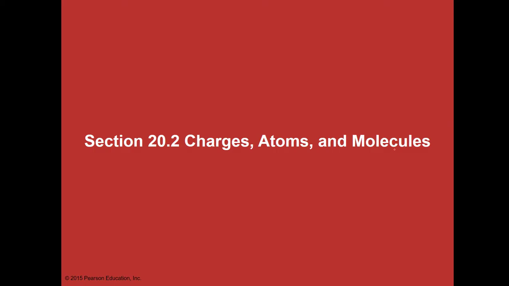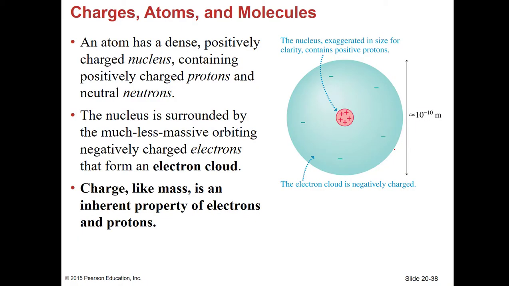So next section, charges, atoms, and molecules. So an atom has a densely positive nucleus, as you can see here. Nucleus is pretty small, so this is a nuclear size. This is the atomic size, 10 to the minus 10th meters. So you think of the nucleus as being closely packed together, held together by nuclear forces, right? Positive charges don't like to be by each other, so what's holding them together?